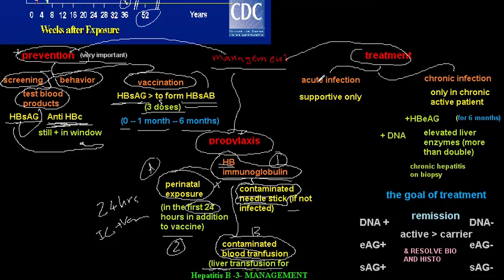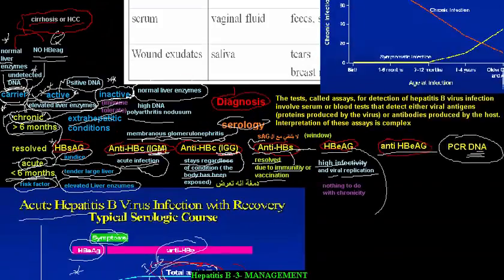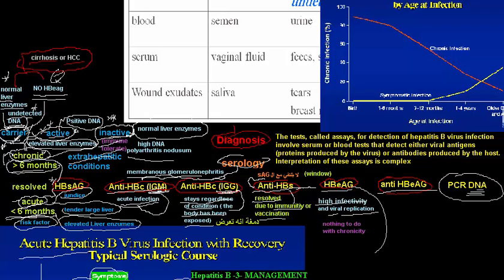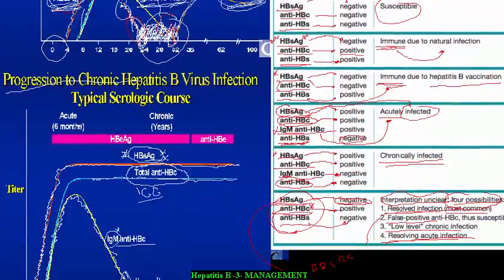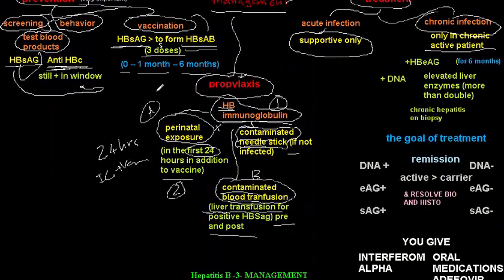The acute infection treatment is supportive only. For chronic infection, we only treat the active state. We don't treat the carrier state, the inactive state, or the immune tolerance.